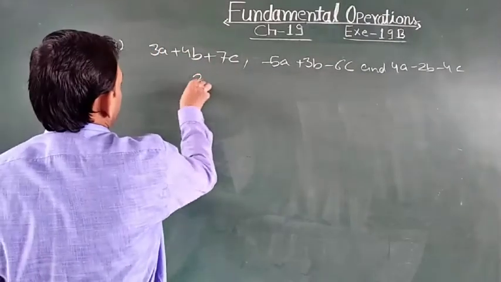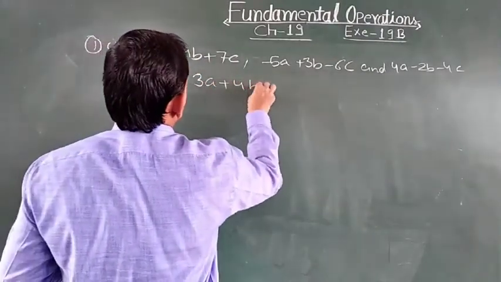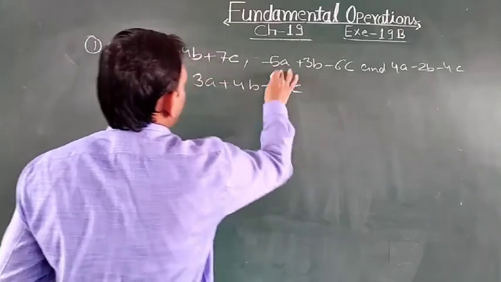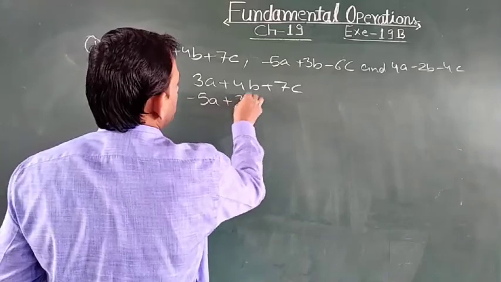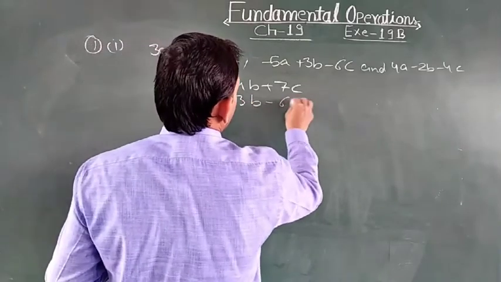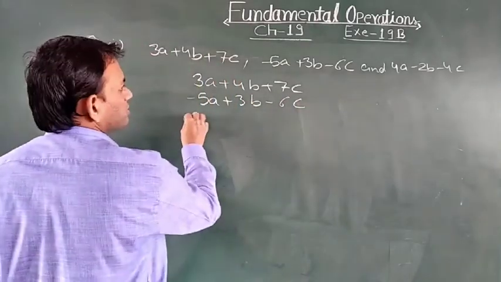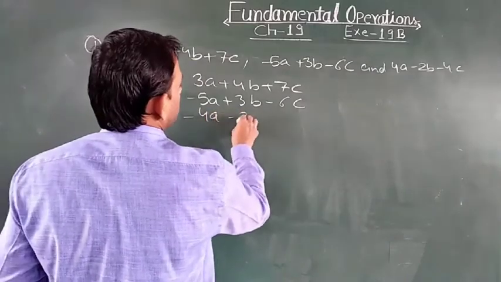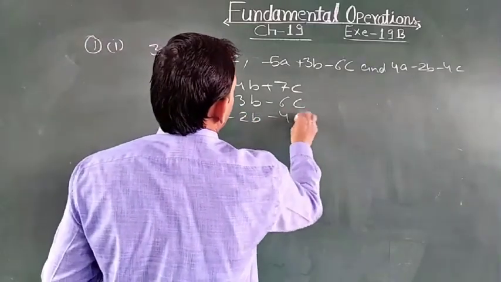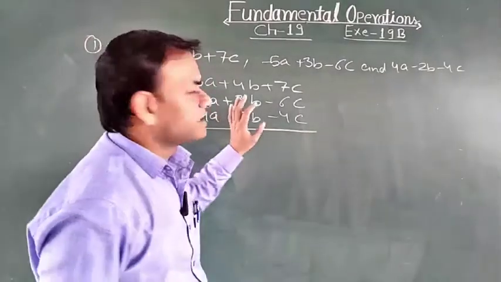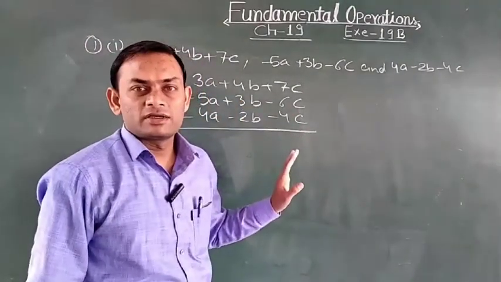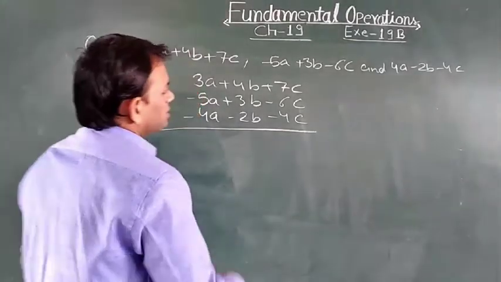So how do you add? 3a plus 4b plus 7c, and then after you will write minus 5a plus 3b and minus 6c, and the last polynomial 4a minus 2b and minus 4c. Now you will add. Whenever we use the column method in addition, we never change the sign. As it is, we just add it.